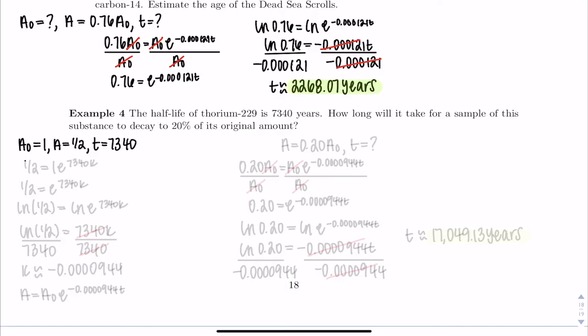And so we end up having 1/2 equals 1 e to the 7,340k. Let's take the ln of both sides. And so we end up with ln of 1/2 equals 7,340k. Let's go ahead and divide both sides by 7,340.